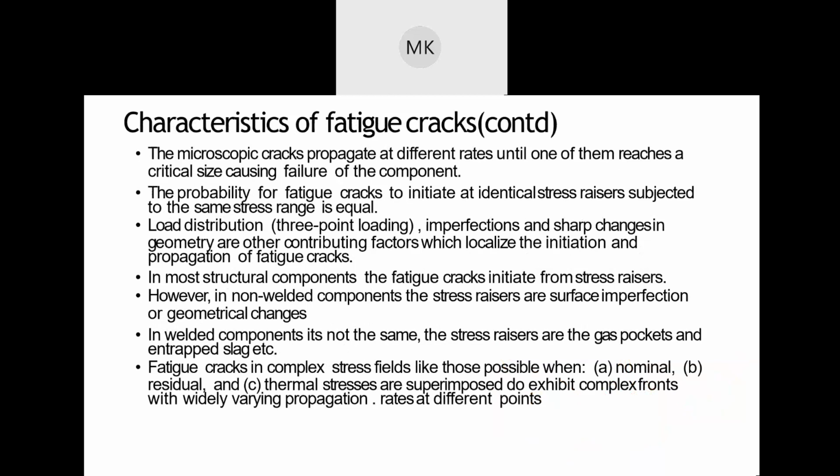And because of this difference in the grain position with the loading direction, there is every chance of you having different rates at which the crack is growing at different spaces. And that's the reason why it takes a long period of time before one crack becomes the major crack for it to start growing.